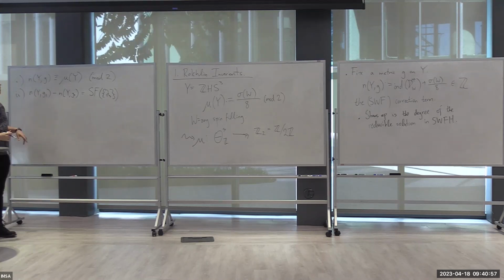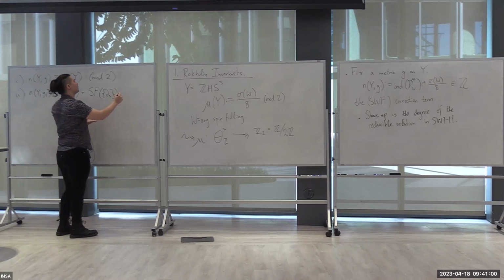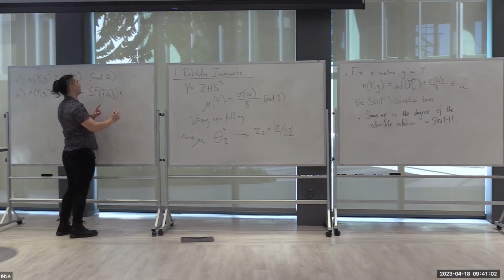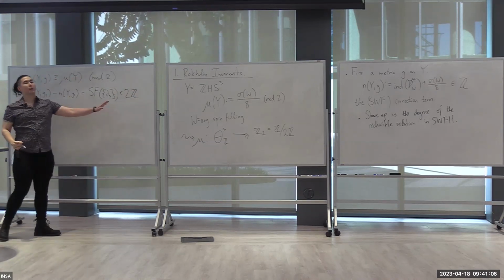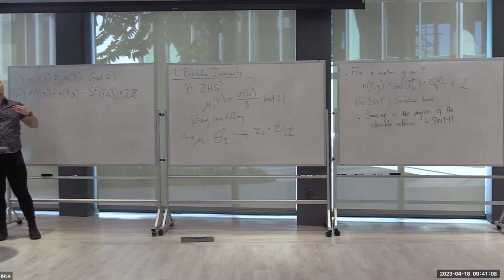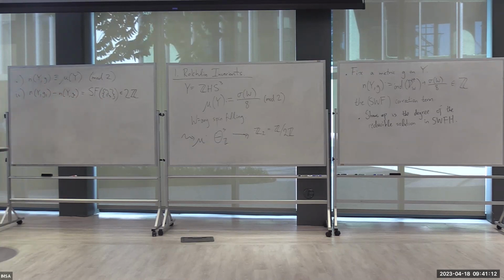In particular, because it's quaternion linear, the spectral flow is only going to jump by even numbers. So you can imagine as you vary the metric, we're going to jump up and down by 2, but modulo 2, it still reduces to the Rokhlin invariant.